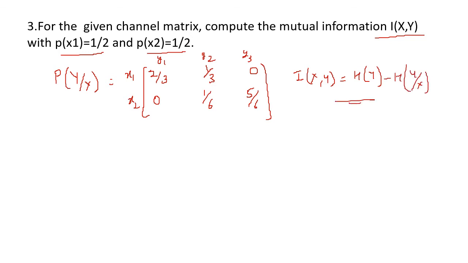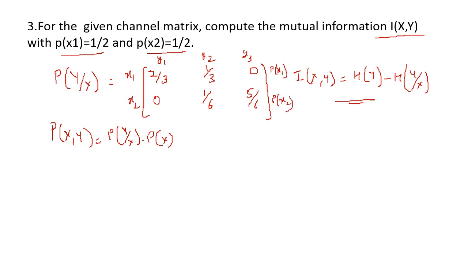So we'll use this relationship and find the mutual information. Now we'll find the joint probability matrix P of x comma y, which is nothing but P of y by x into P of x. That is, we are going to multiply each row with its respective input probabilities P of x1, P of x2.